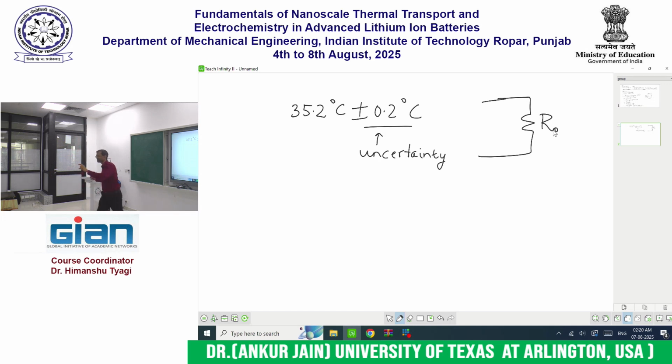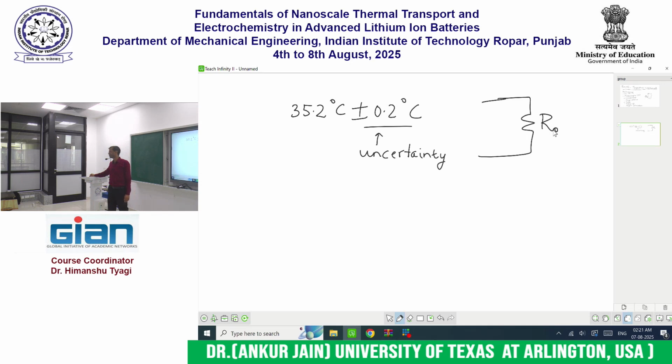Those resistors, the colorful, cylindrical, tiny little resistors are not good temperature sensors because their resistance is not going to change with temperature.